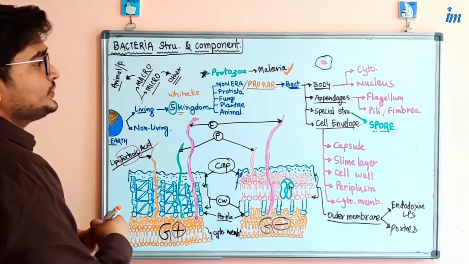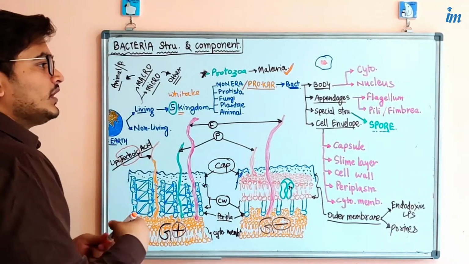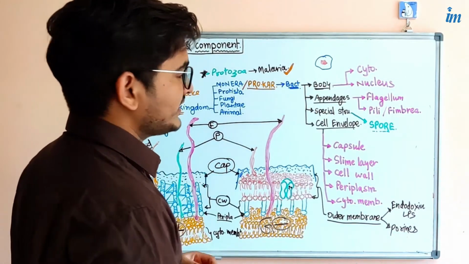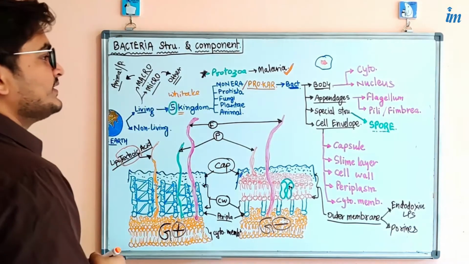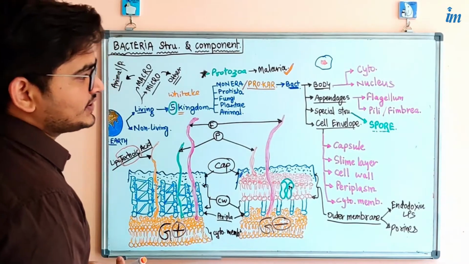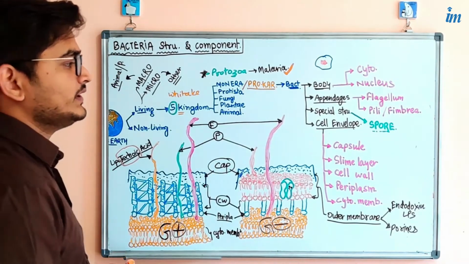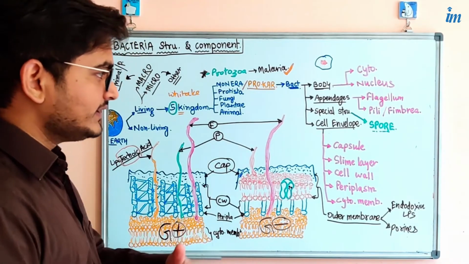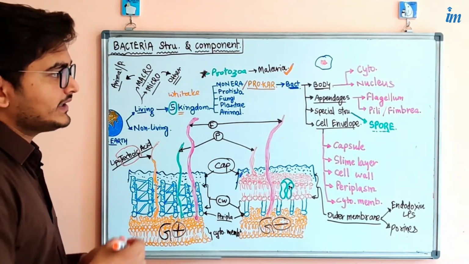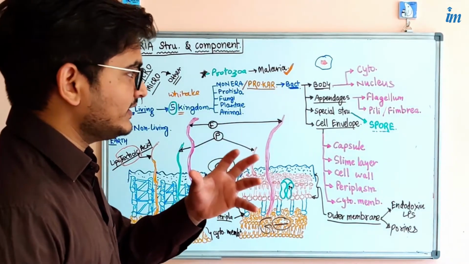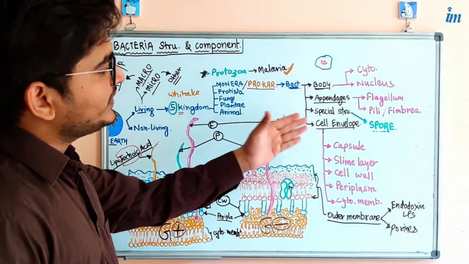Okay, so in the bacteria, what are the four subdivisions of the bacterial structure? The first one is the body, the second is appendages, the third is special structures, and the fourth is the cell envelope. In accordance with pathogenesis, why this problem is caused by the bacteria, basically it is derived from the cell envelope.